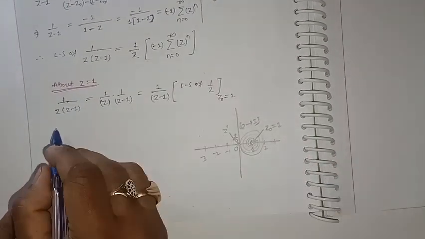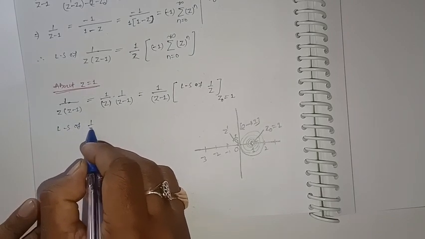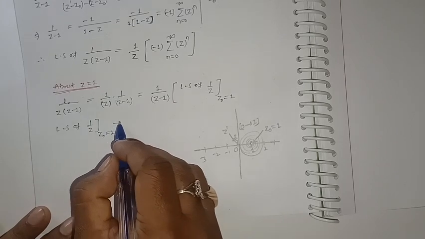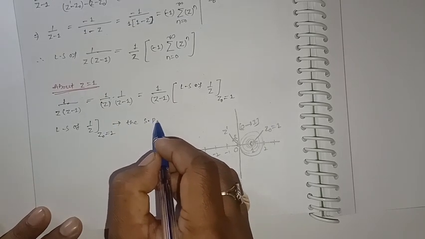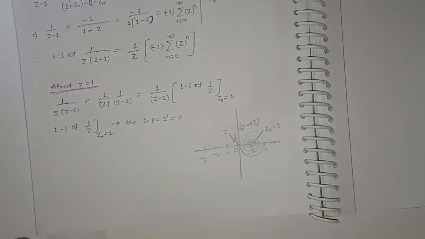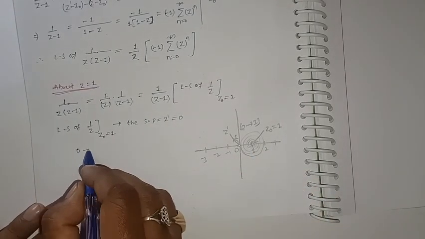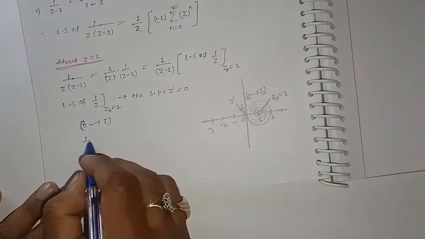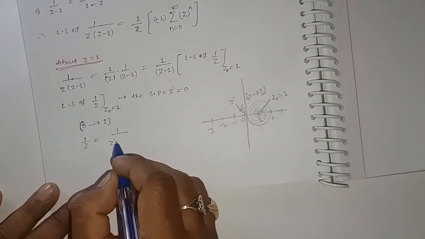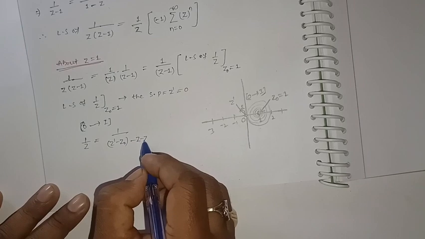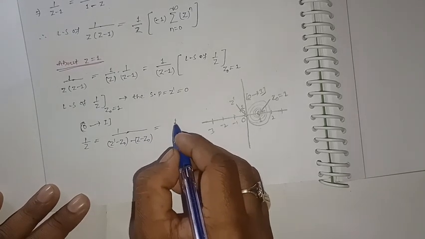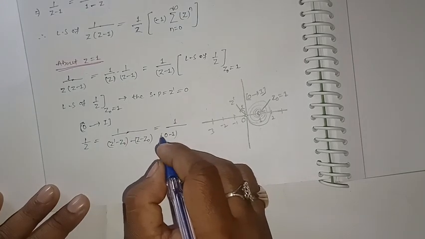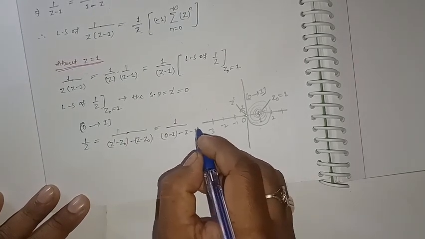Now you just write here separately. We have to find the Laurent series of 1 by z, z0 equal to 1. Here for this case, the singular point or the so-called z dash is your 0 and the case is out to in. Out to in case means 1 by z will be equal to 1 by z dash minus z0 minus z minus z0, right? 1 by z dash is 0, minus z0 is 1, minus z minus z0 is 1.